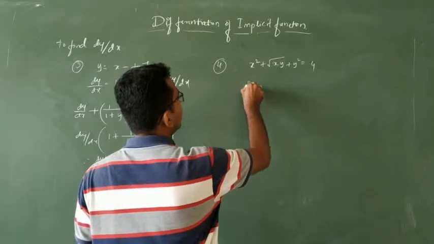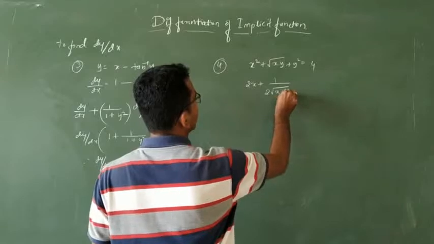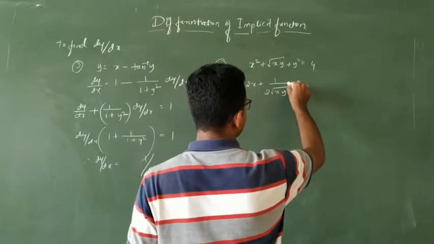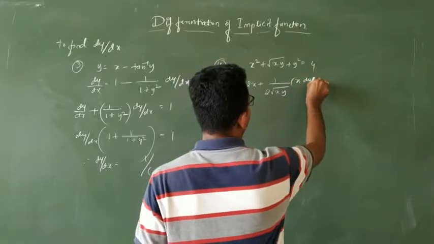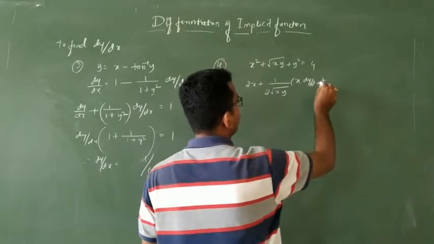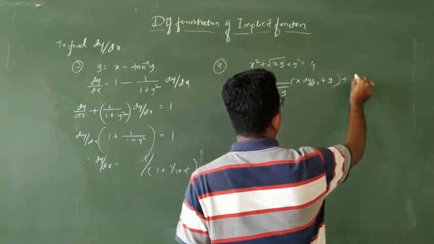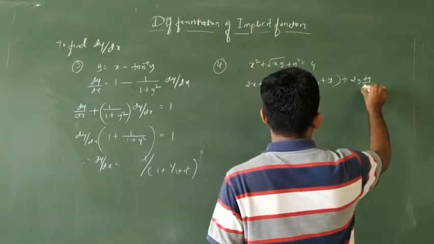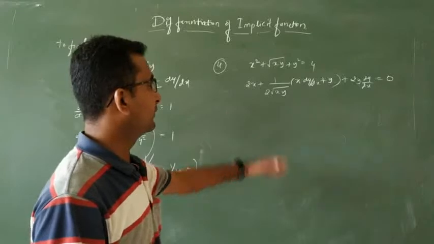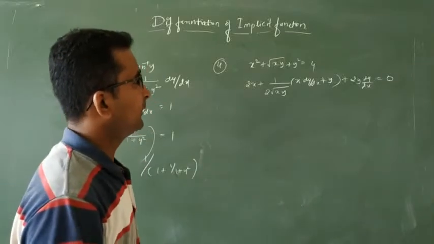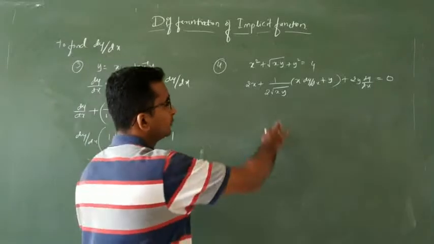differentiation is 2x, plus root of xy, that is 1 divided by 2 root of xy into the differentiation of xy. Using the u into v rule, keep x as it is, y differentiation is dy by dx, plus keep the y as it is, x differentiation is 1. Plus y square differentiation is 2y dy by dx, is equal to 0. So here I am going to take 2 root of xy as the LCM.